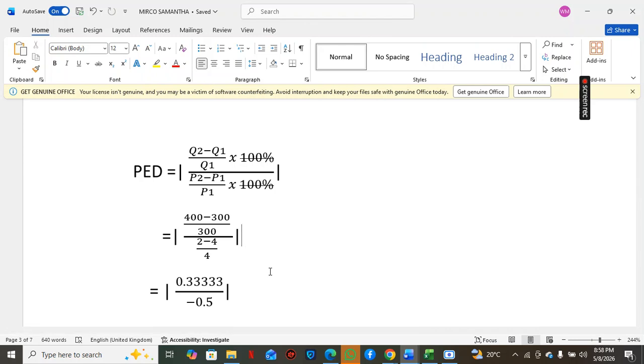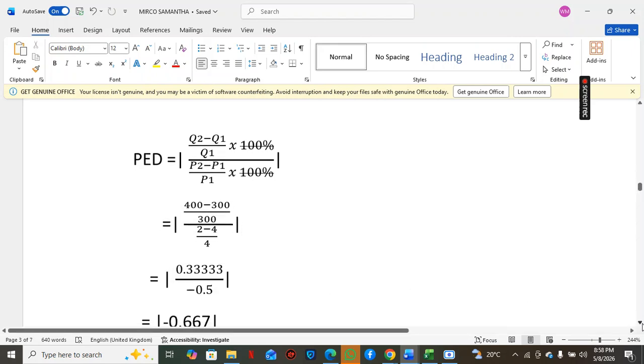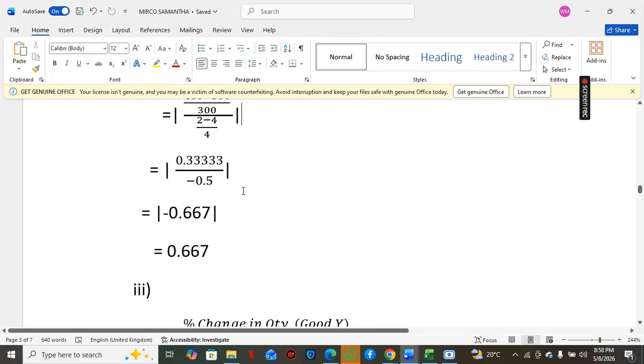Because if we don't use these absolute values, every time your answers are always going to be demand is inelastic, because negative values are always less than 1. So every time you calculate, you'd just be getting negative values, and you'd just be interpreting, oh, it's inelastic, it's inelastic, which is not accurately true. So that's why we brought in the absolute value.